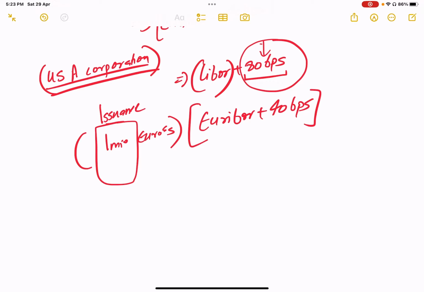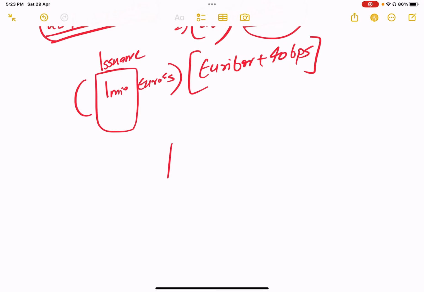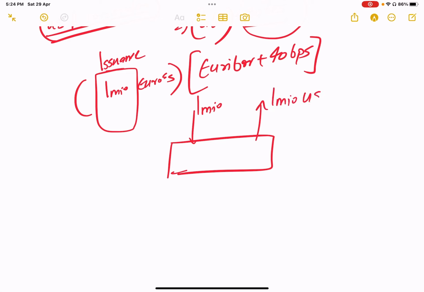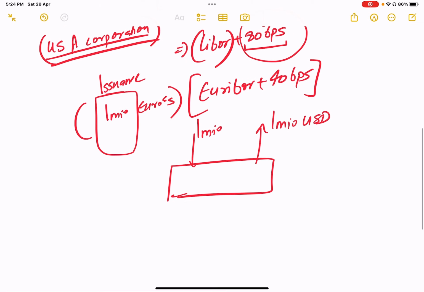I do a CCS or cross currency swap. So just to write it, I have 1 million euros and I pay 1 million euros here and I get back 1 million USD. Since the issuance is of 10-year, assuming the issuance is for 10 years, what happens? I get paid.